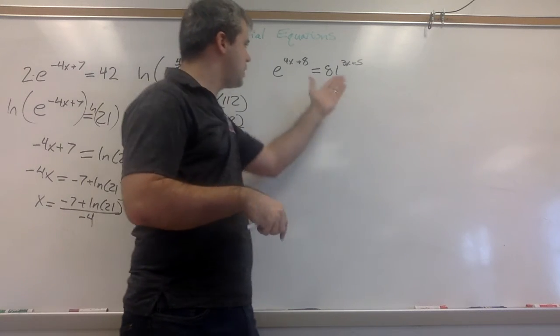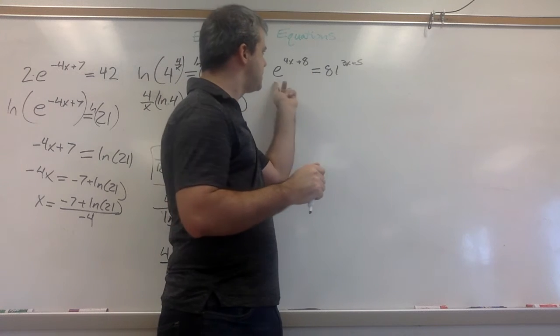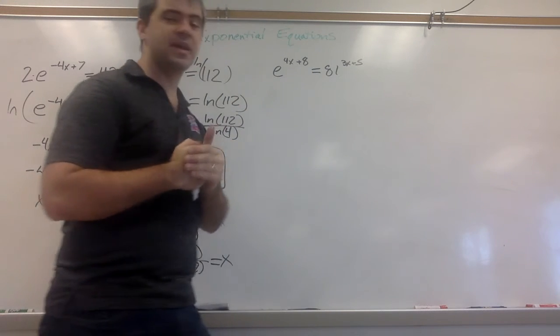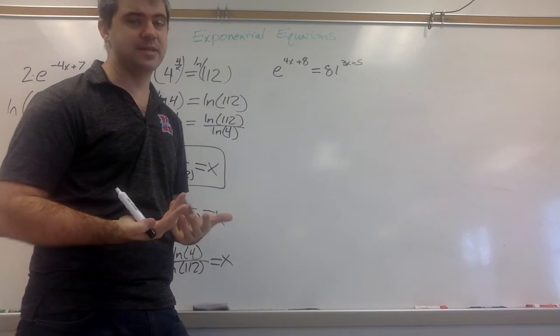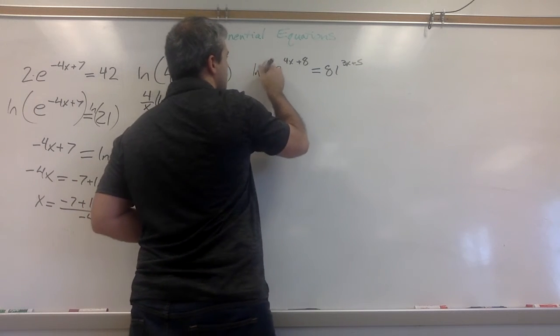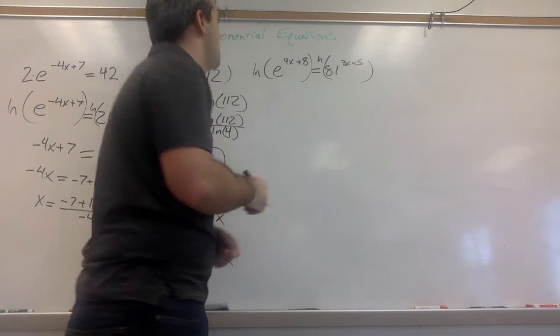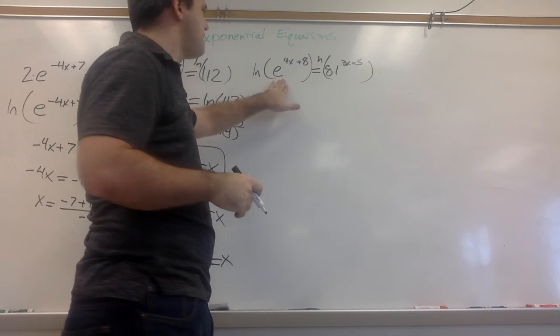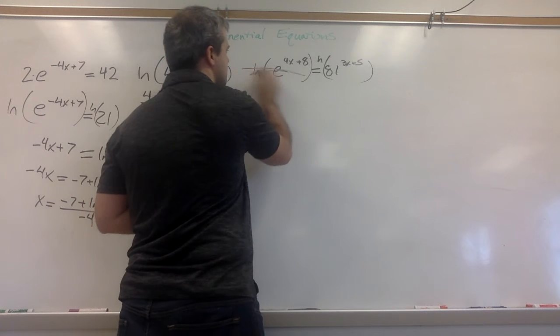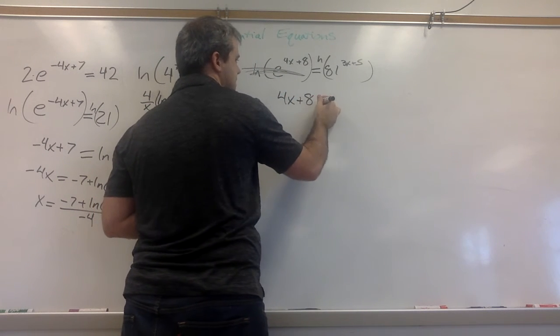Now, technically we can do any base, but it's nice to do it as one of these bases because when you do it that way, one of them will cancel out. So here, since I've got base e, I'm going to do a natural log on both of them. Doing natural log on base e, that cancels. Okay, those are inverses. So I get this.